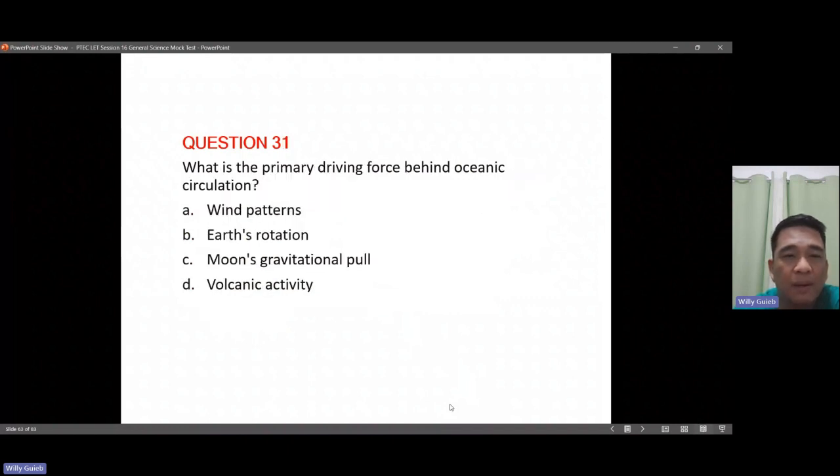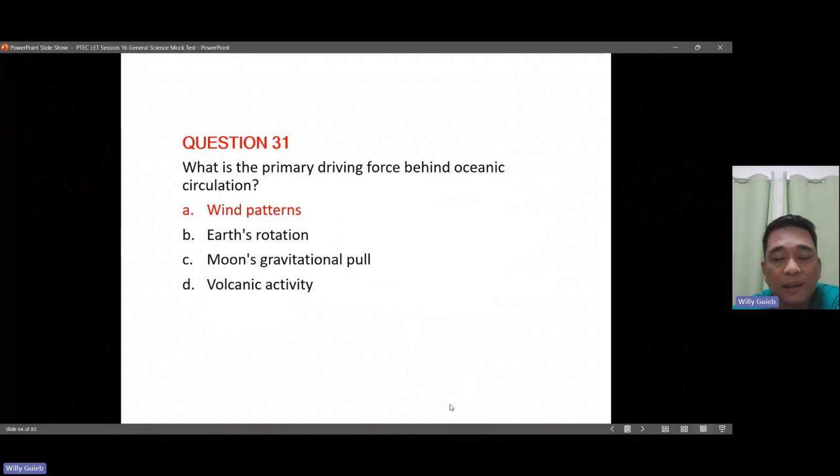31. What is the primary driving force behind oceanic circulation? Wind patterns, Earth's rotation, Moon's gravitational pull, or D, volcanic activity? Keyword, driving force behind oceanic circulation. Ang oceanic circulation ay primarily driven by the prevailing wind patterns.